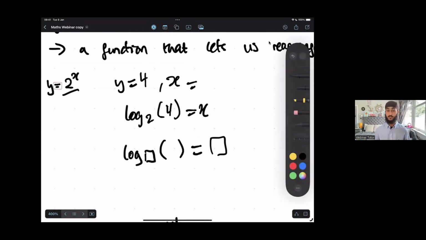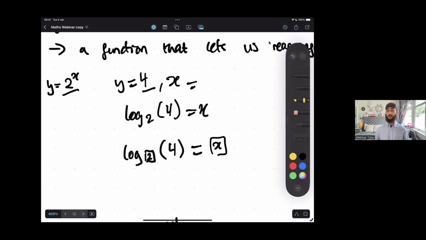So in this case, x. As you can see, 2 is the base of this equation, so 2 goes in the base. 4 was the original answer of this equation, so 4 goes in as the argument. And x was the power, so we get x as the return value of this equation.